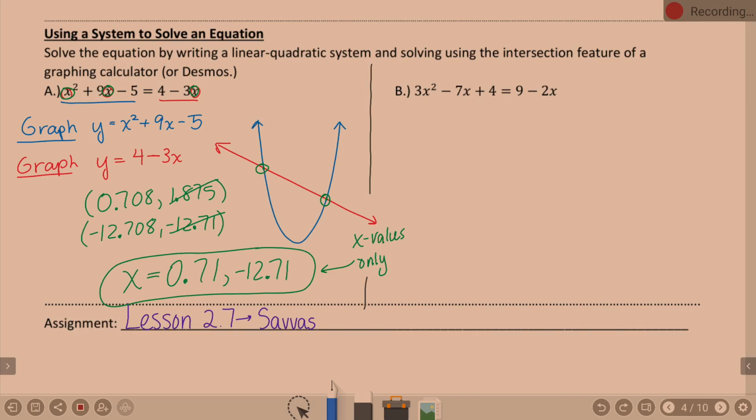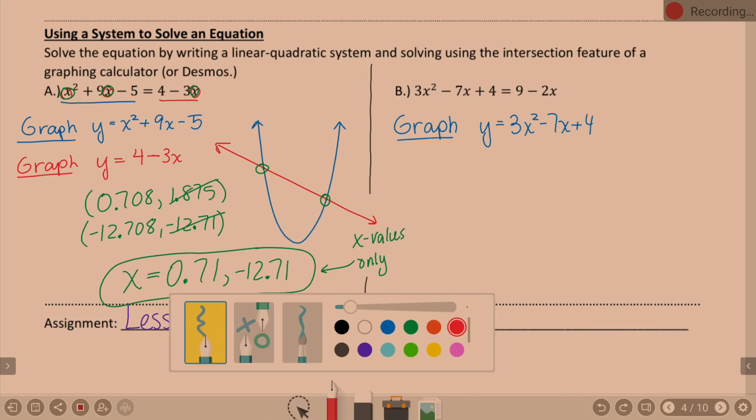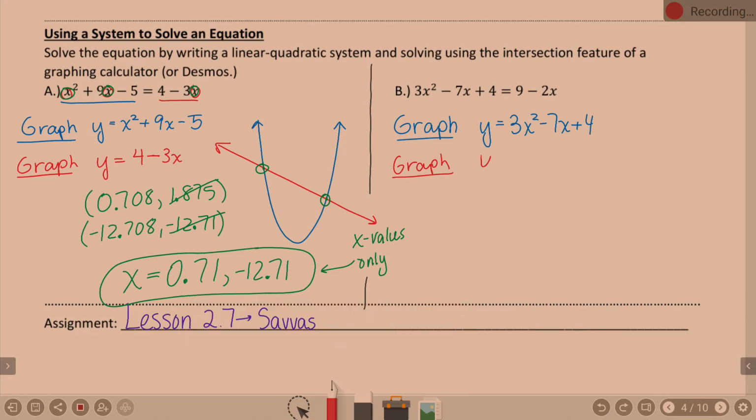We're going to have to graph 3x squared minus 7x plus 4, and we're going to have to graph y equals 9 minus 2x. Okay. Head over to Desmos and do just that, right?